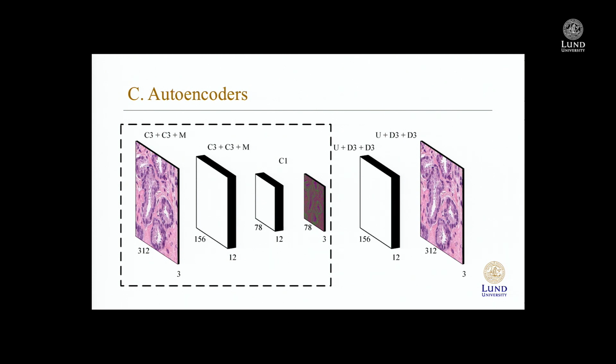And then you hope that this middle layer should be useful features to do the classification on, and also that it should have less staining color influence. So that's the third attempt.